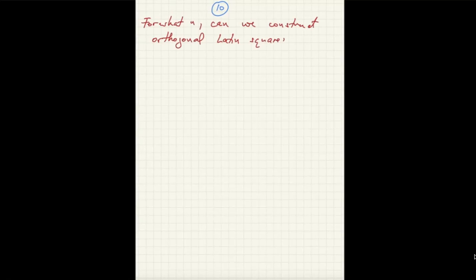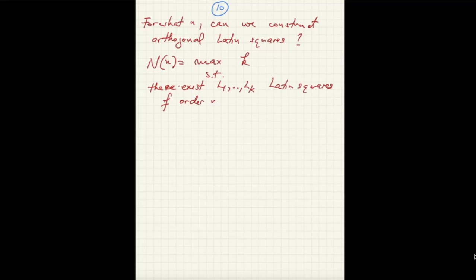And you can get a bit more greedy, and you can denote by N(n) the maximum number k such that there exist L1, ..., Lk Latin squares of order n such that any two of them are orthogonal.